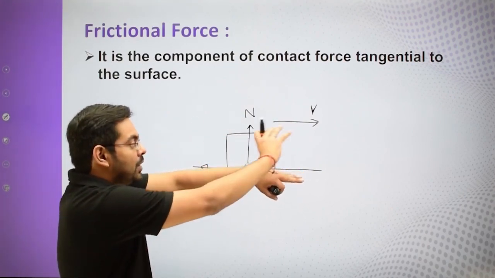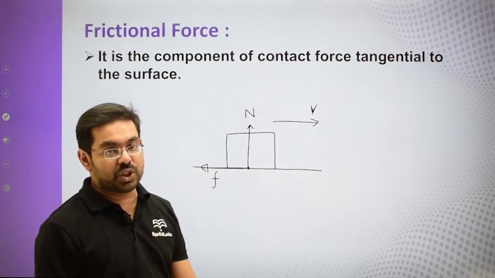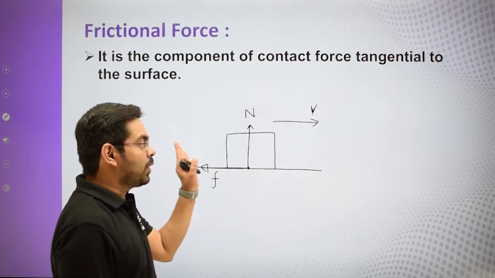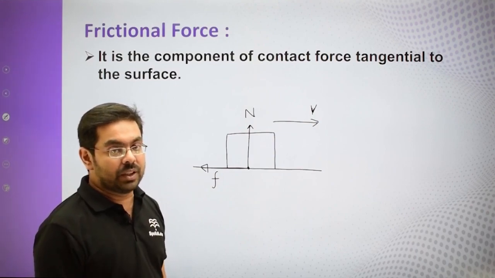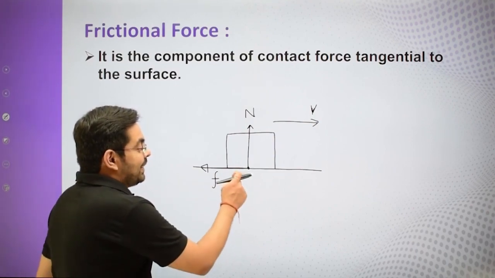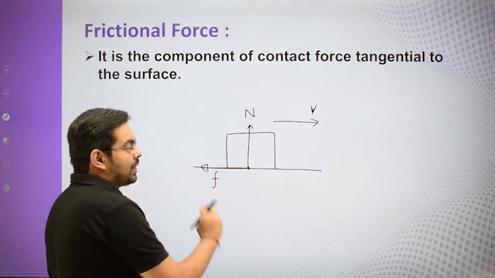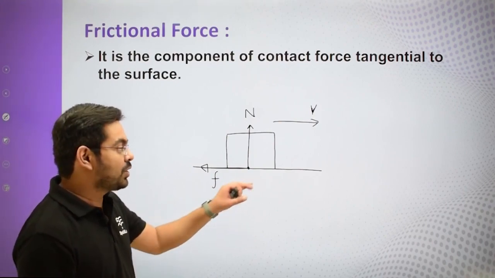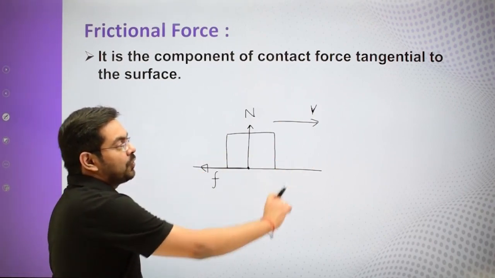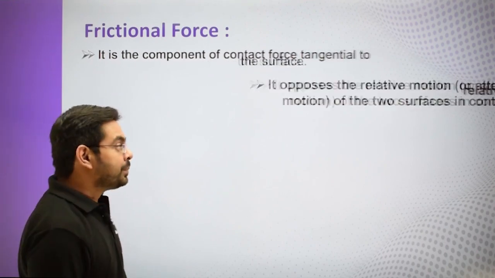They are not trying to move with respect to each other. But as soon as this block starts moving in the forward direction, this surface tries to stop the relative motion. This surface tries to stop the sliding of the block on it, right?